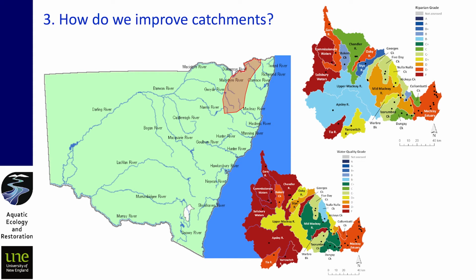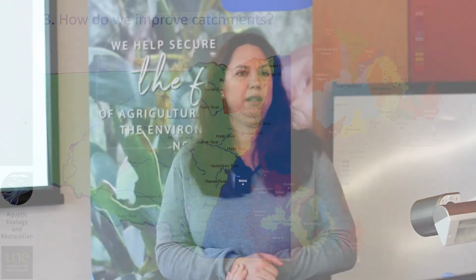And so if we look at all of those things, we can see that those tableland headwater streams, and this is just one catchment that we sit on top of, the Macleay, had very poor water quality. Some of them are linked with poor riparian condition, and some of them we saw poor water quality even where riparian condition was okay. So what are the key drivers of poor water quality here? This is a very similar situation in the Clarence, which is the next major coastal river up north of the Macleay.